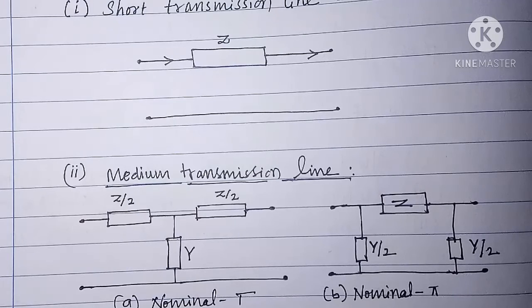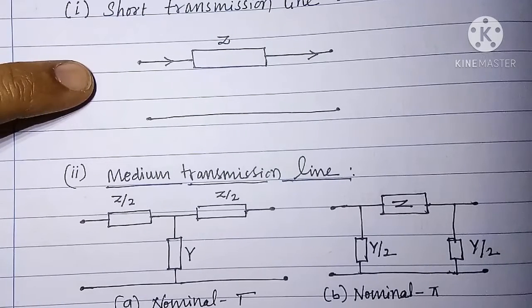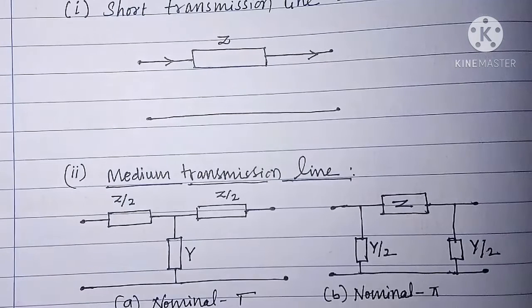The two-port network of long transmission line is slightly different comparing to these two representations. Therefore, we will consider it separately after completing the analysis of short transmission line and medium transmission line.